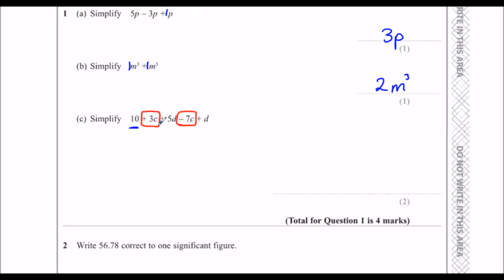And for d's, we've got plus 5d plus another d. That's a 1d. So what does that give us? We've got 10. For the c's, we've got 3 take away 7, which is negative 4. And for the d's, we've got 5 plus 1, which is 6.